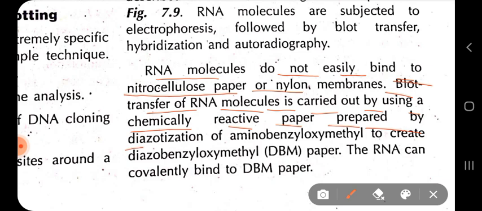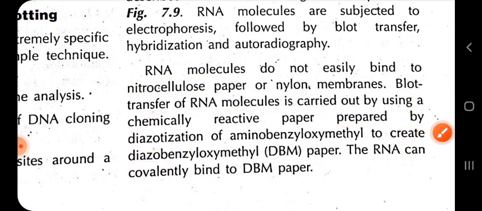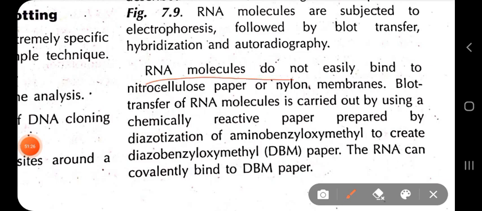prepared by diazotization of aminobenzyl oxymethyl to create diazobenzyl oxymethyl paper. So, simply speaking, these RNA molecules do not easily bind to the nylon paper or nitrocellulose membrane. So what paper will we use?